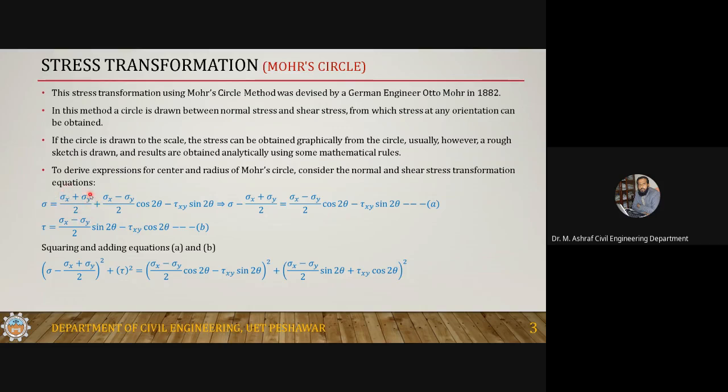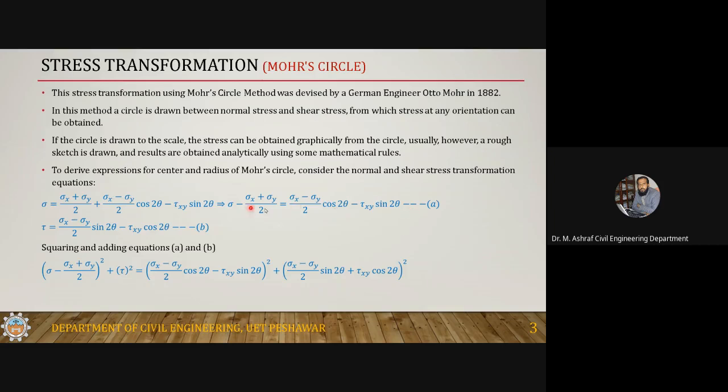Sigma x plus sigma y is a stress invariant, so divided by 2 will also be a stress invariant. If you bring it to the other side, you will get this equation, which is named equation A. And this is the shear transformation equation, and this is equation B.